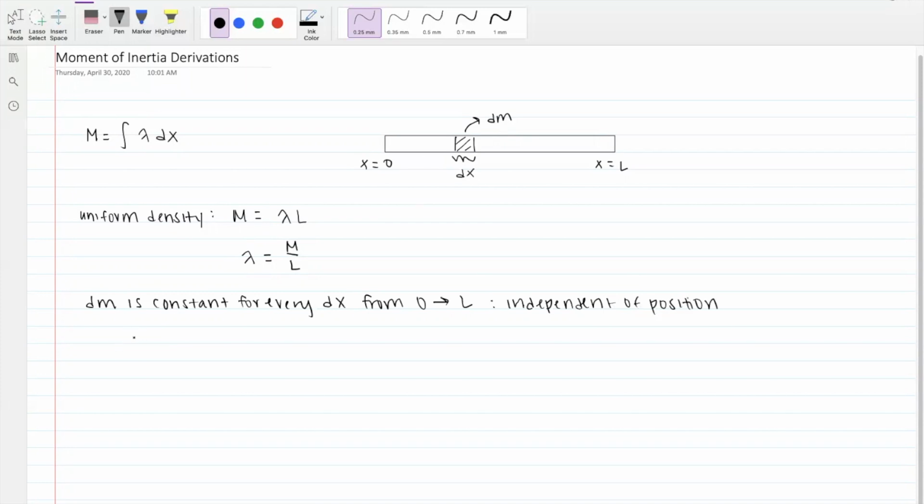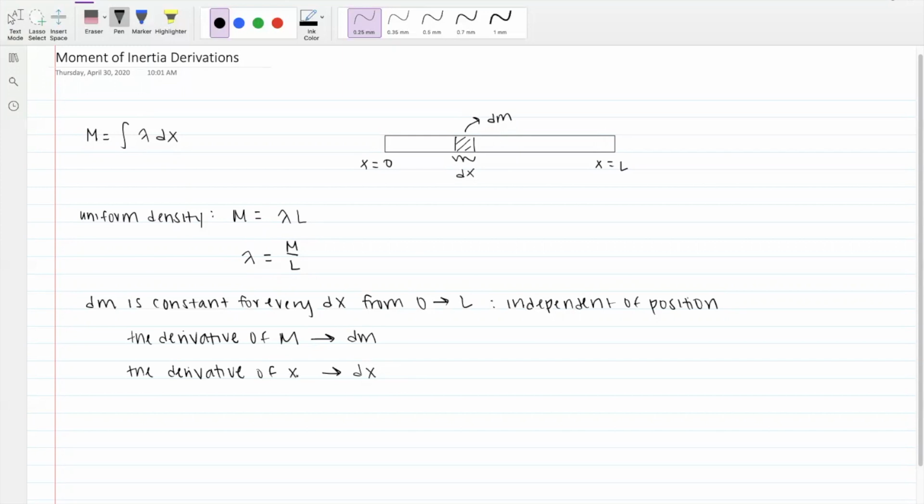Now let's keep these concepts in mind. The derivative of m is dm. The derivative of x is dx. Don't worry about the differences between capital M and little m.